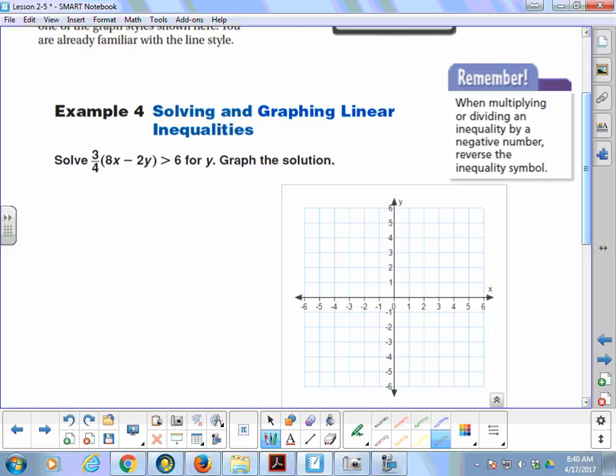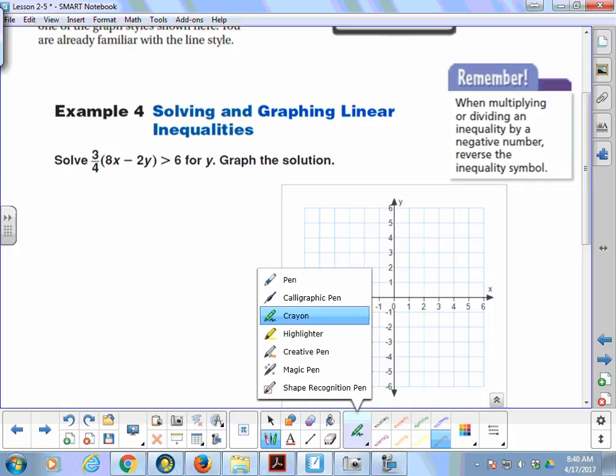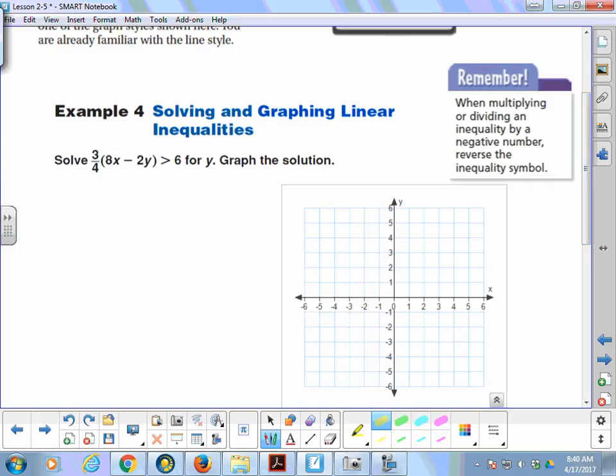If you want to do it with the intercepts, that's fine, to at least be able to check yourself on the graphing. So how you graph it is up to you, but the first thing it says is to solve for y. So we want to solve for y first of all, so that means we're going to get it in slope-intercept form, and then we'll graph it.